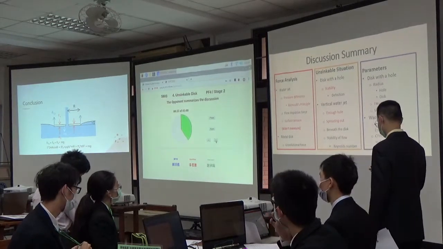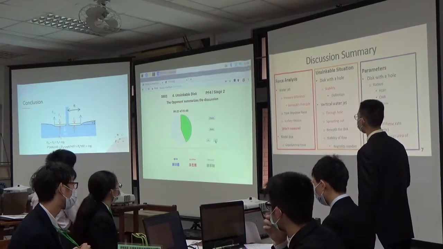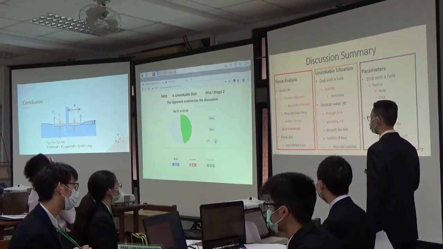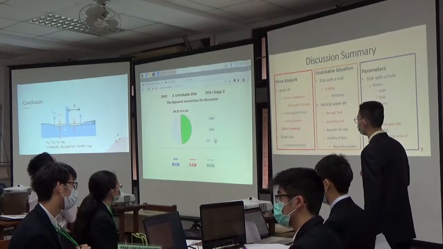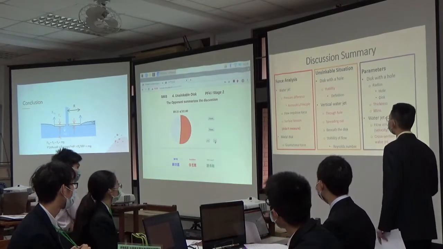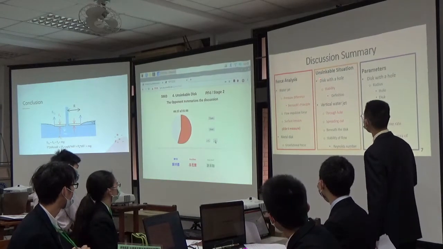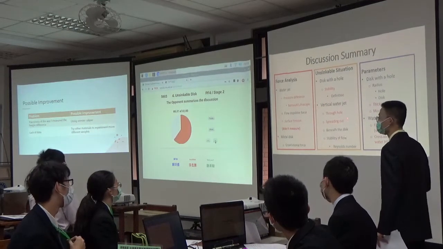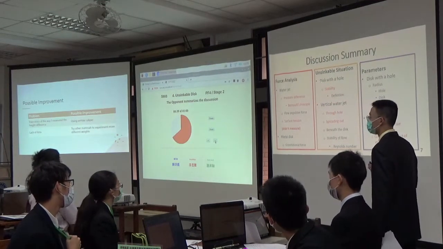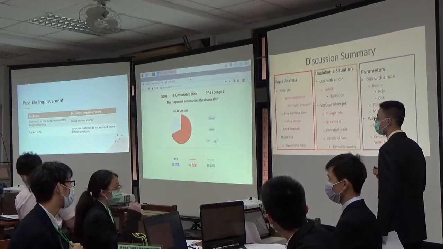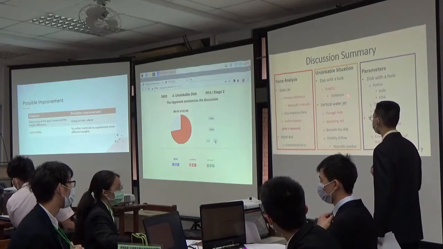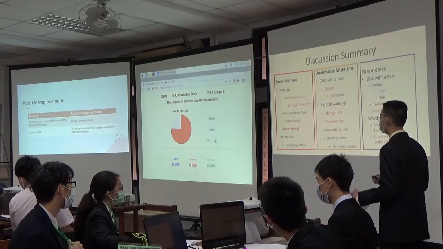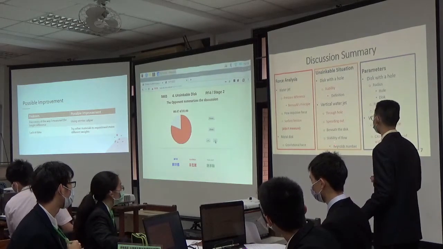About the surface tension, she knows the phenomenon exists, but she didn't measure it in theory. About the stability of the disk, she said that even if you turn off the water jets, the disk can still float. So I think they did the experiment in the wrong direction.